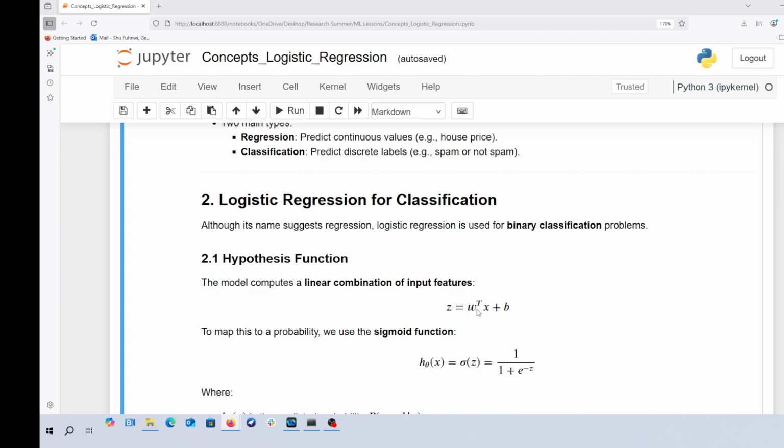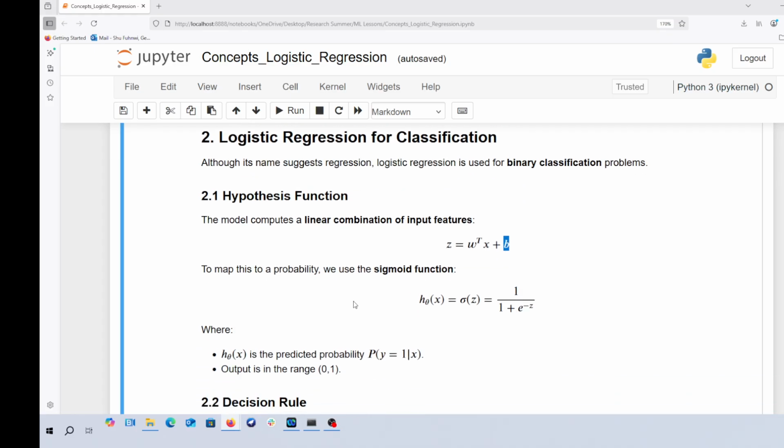It will be the same as what we have, like beta 0 plus beta 1 x1 plus beta 2 x2. So here we have changed that parameter a little. Most of the time we call it the weight, which could be w0 x0 plus w1 x1 and so on. Here we know that b is what we call the bias.